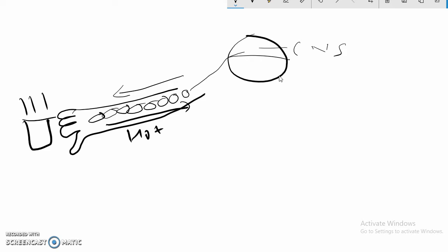Then again the nerve cells get into action, and our brain tells us to keep your hand aside. That's how our brain works with the network of these nerve cells. There are 86 billion nerve cells connected.